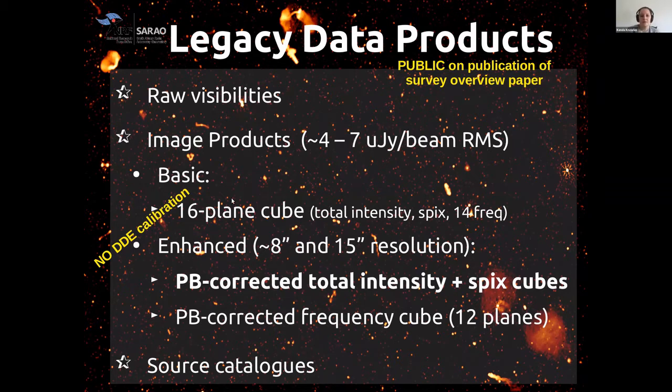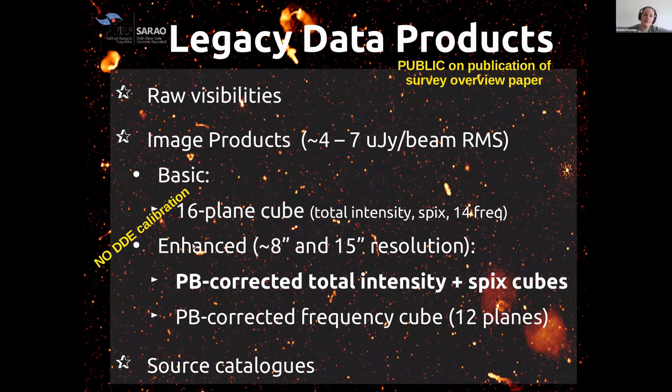And these basic products are full sky. So they're about anything between 1.5 to 2 degrees across of the sky, centered on the cluster pointing. And so these basic products are really good for source finding because the noise is more uniform, and they're really good for searching for targets of interest for individual study.